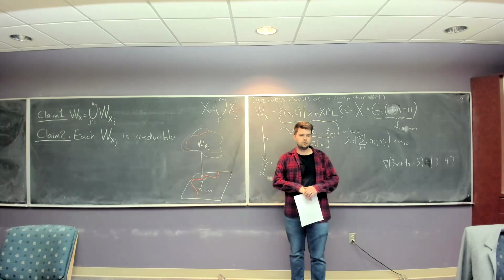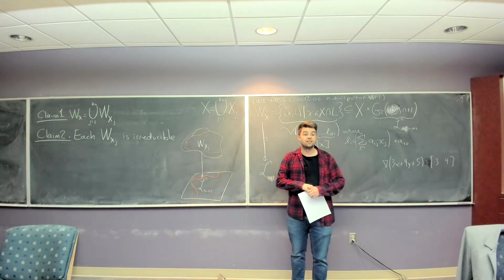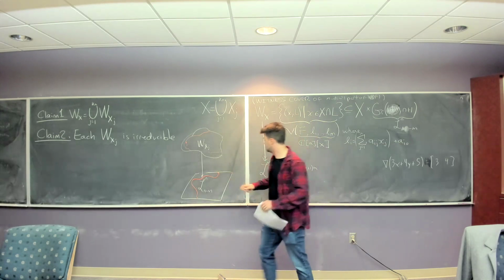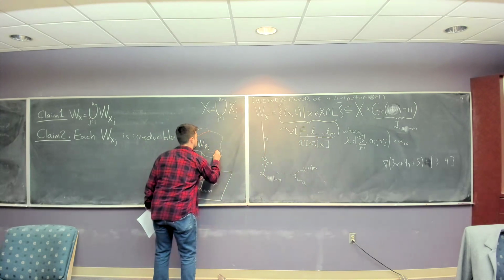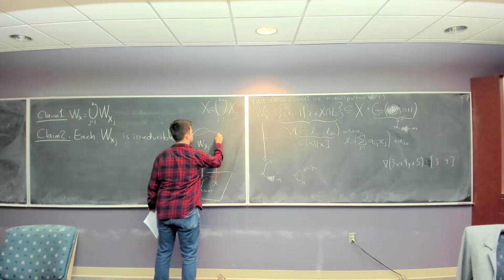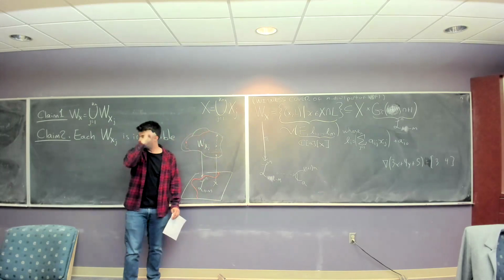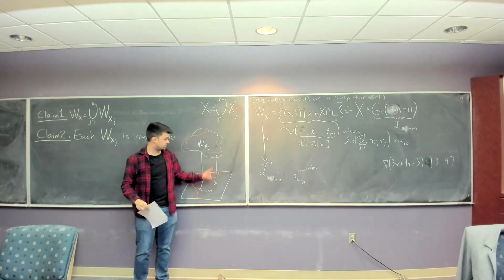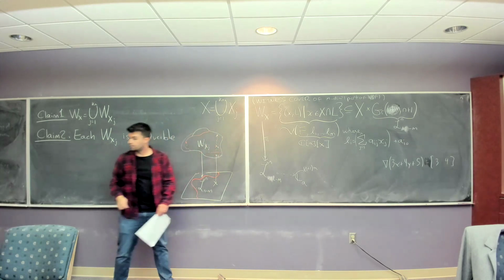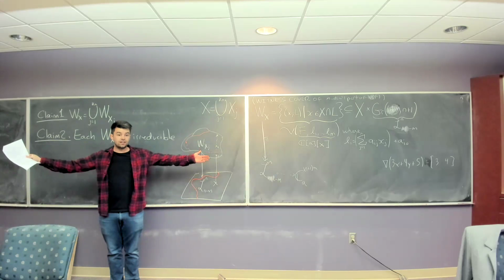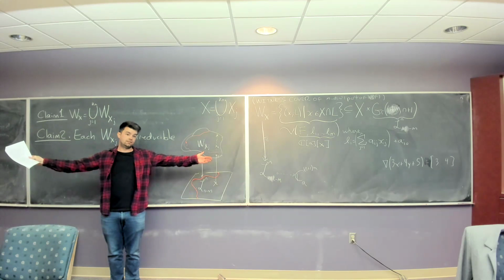What was it? Transitivity. Yeah. So in other words, I have a bunch of points in the fiber here. If I can show that there exists a loop downstairs which could take any x1 to any x2 in this fiber, I would show transitivity, and I'd be done.